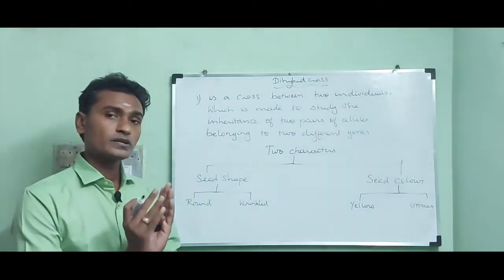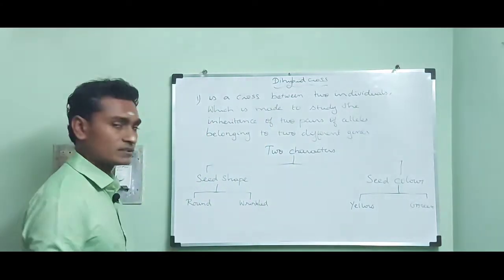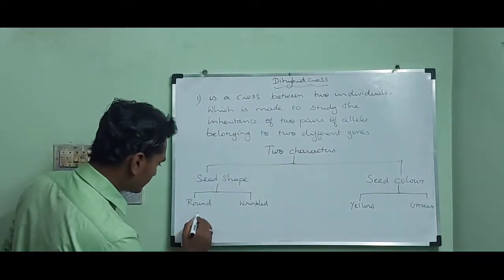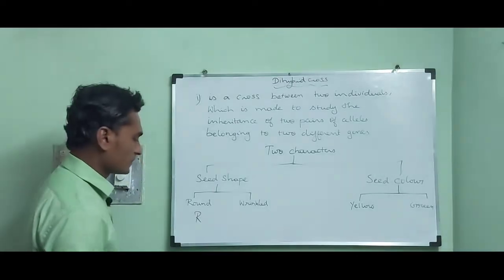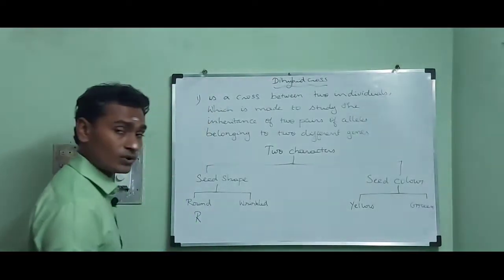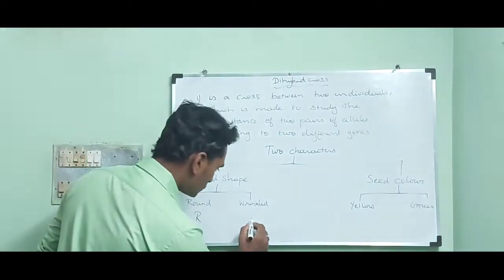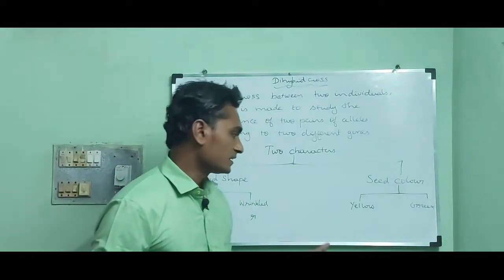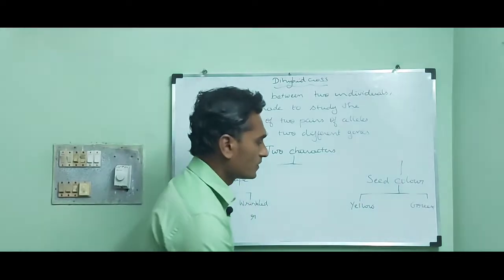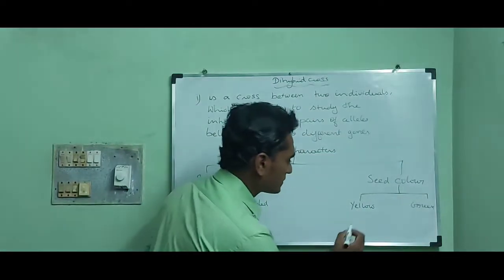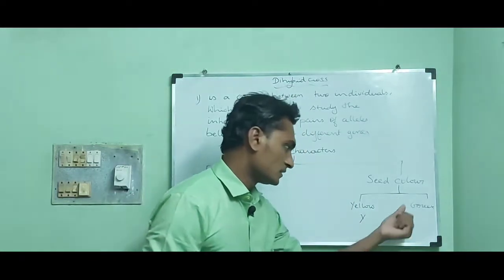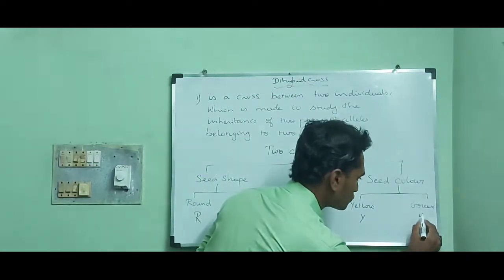The allele for round trait is capital R. The allele for wrinkled trait is small r. The allele for yellow color is capital Y, and the allele for the green color is small y.